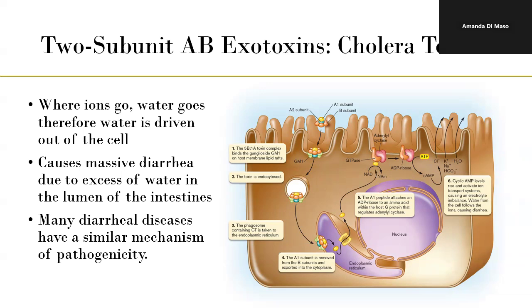And so we lose tons of water. All this water rushes into our intestinal lumen, and our intestines say, yikes, that's a lot of water, we can't hold this, and it comes out the back. Pretty much all the massive diarrheal diseases that you get have some type of AB toxin that works in a similar way of disrupting ion channels and leading to massive water loss.